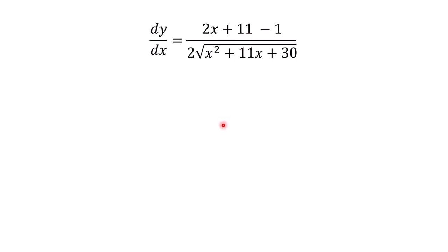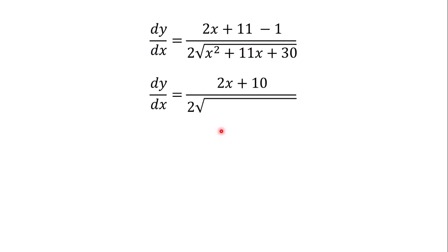So dy by dx equals 2x plus 10 divided by this. All right, what can we do here? Well, this one here, I think we can do something to it. We can eliminate this one by factorizing. When we factorize this, that is 2x plus 10, we get 2 outside, x plus 5, and that 2 will cancel out with this one.